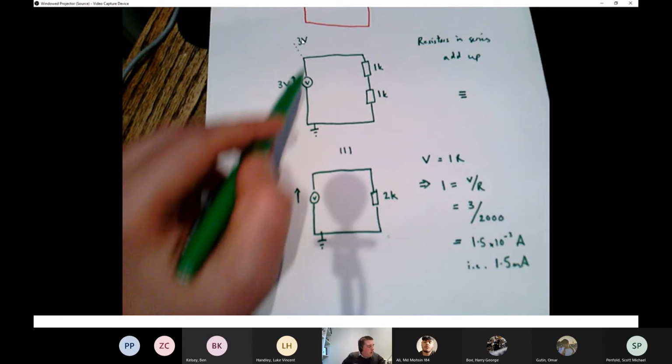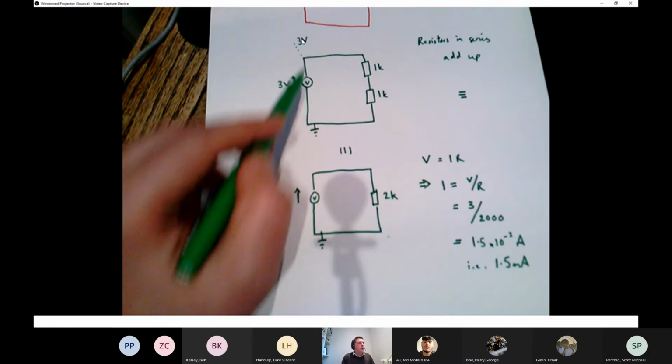Then we know V1 equals IR, which is 1.5 milliamps multiplied by 1000 ohms, and that's going to come out to be 1.5 volts. And that's what we guessed anyway, that in between the two resistors, because of some kind of symmetry, there would be 1.5 volts. Each of them takes half of the 3 volt supply.